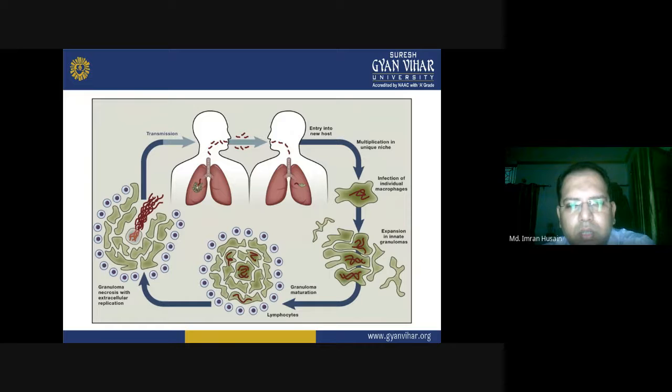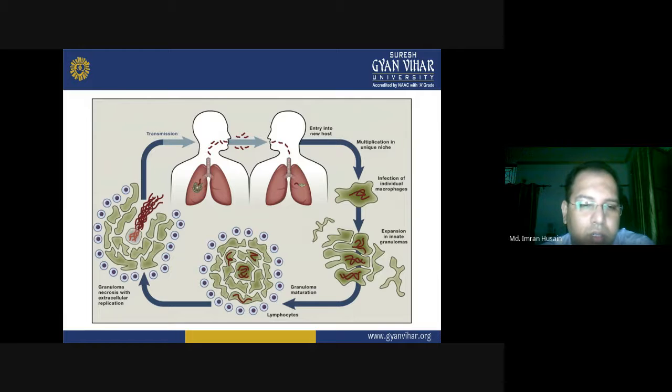And here you can see the diagrammatic representation of how the bacteria enter a new host, multiplication in the niche, infection of individual macrophages, expansion in innate granulomas, and granuloma maturation, with lymphocytes all around it.